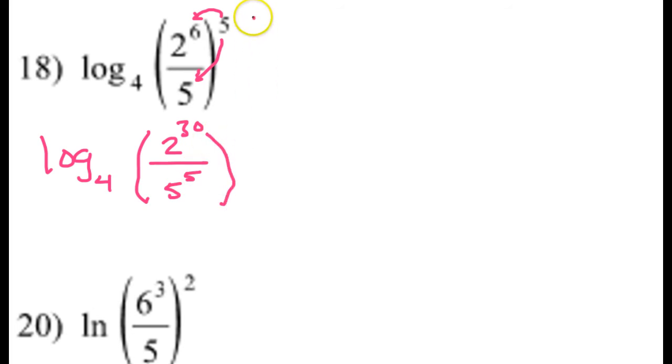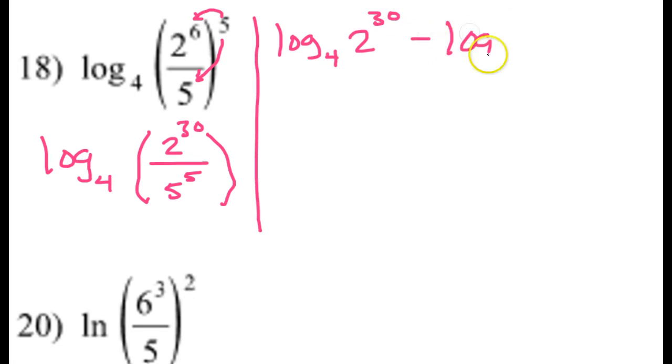Then we would use the quotient rule to write this as the difference of two logs. So we will have log base 4 of 2 to the 30th power minus log base 4 of 5 to the 5th power.